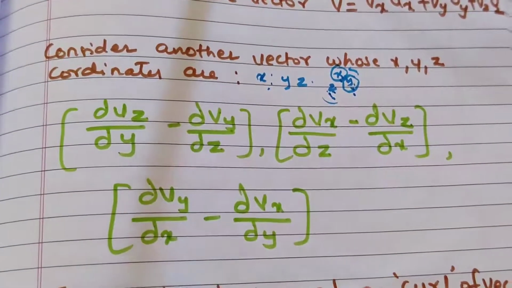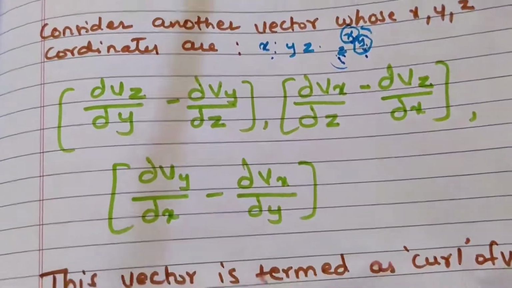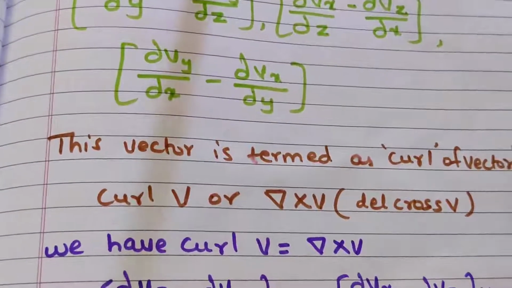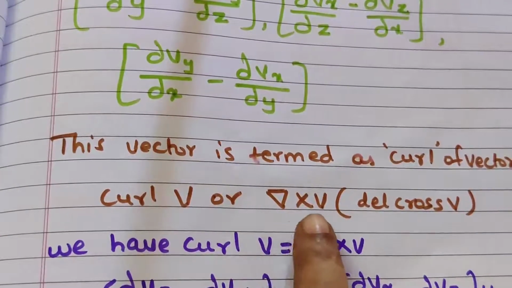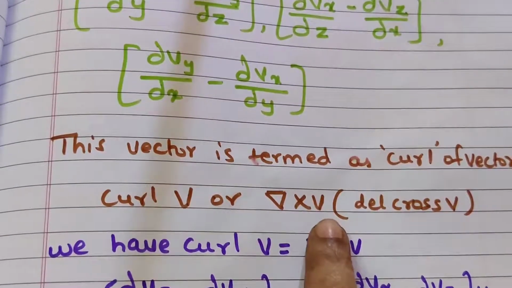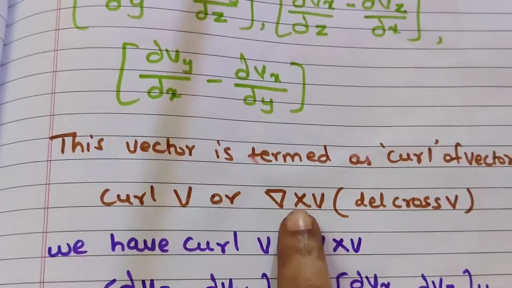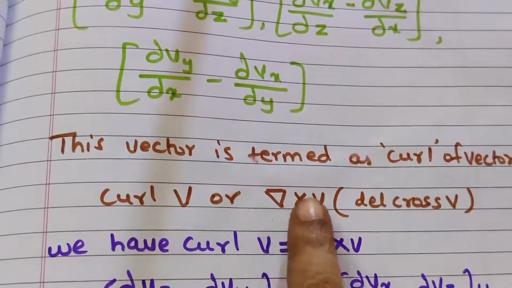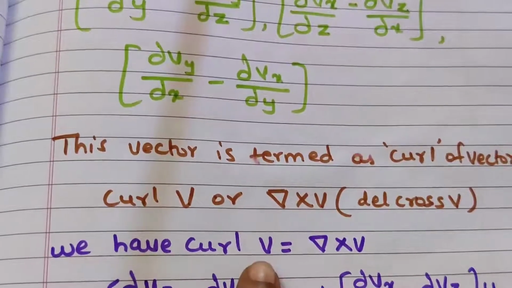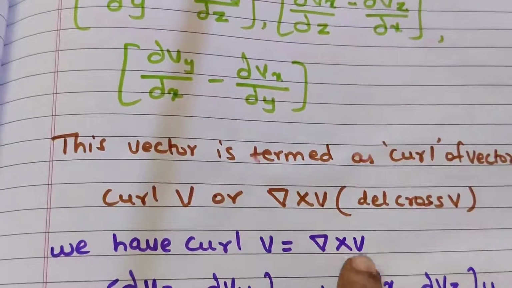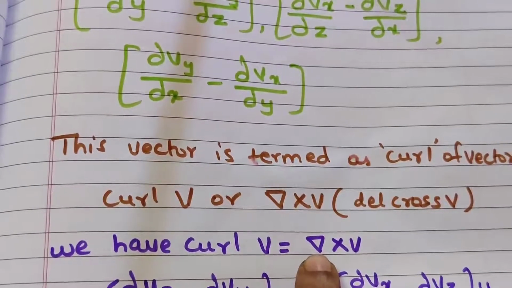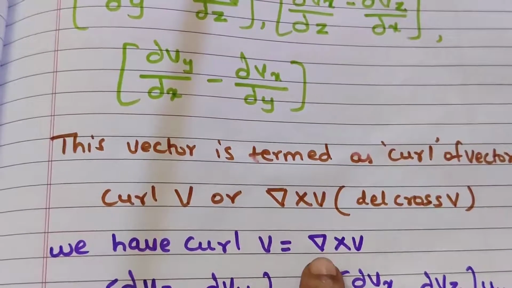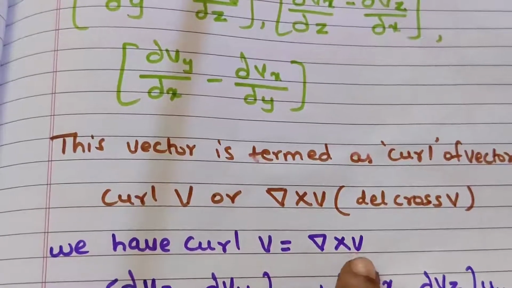Next, this vector is termed the curl of a vector v, curl v, or del cross v. There you did del dot v. Curl means cross here, so curl v is nothing but del cross v. We have del values in the first equation, the gradient of the vector, and into v.